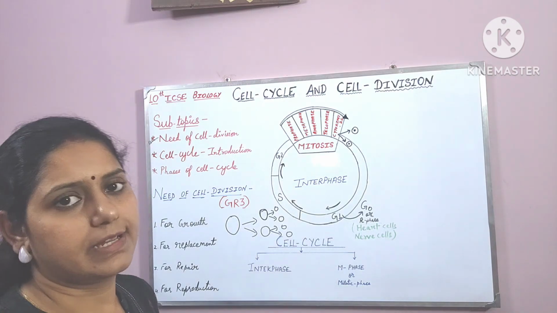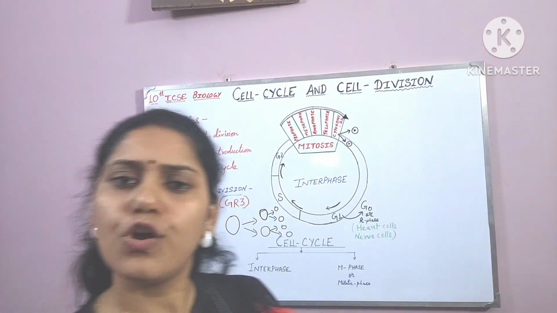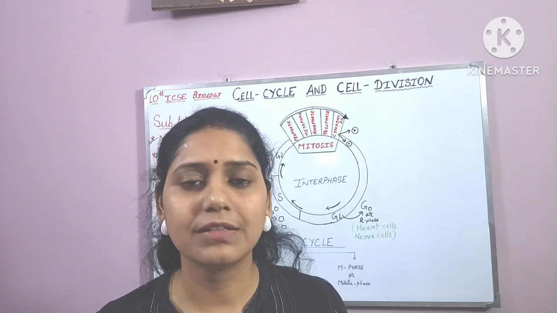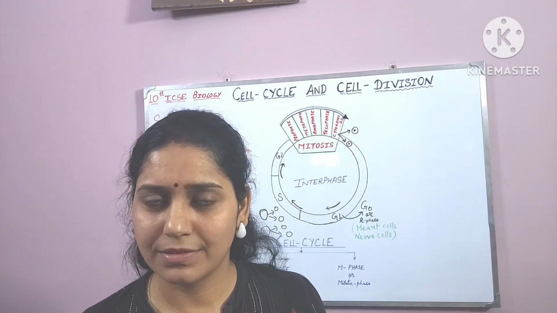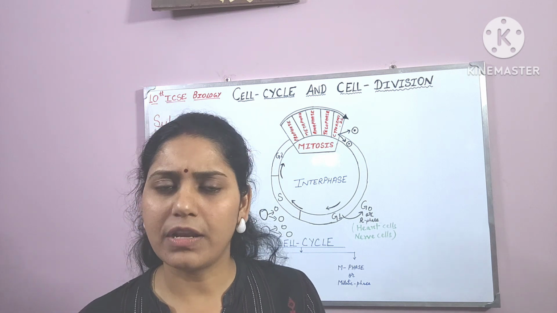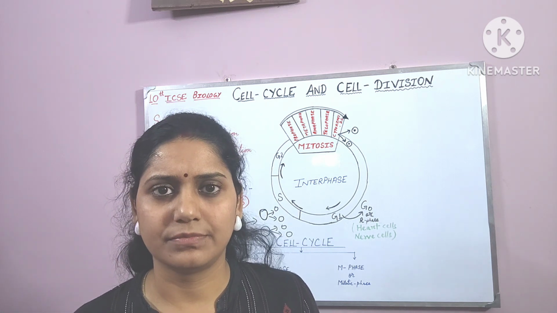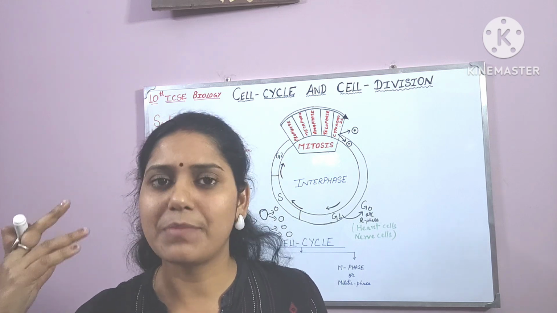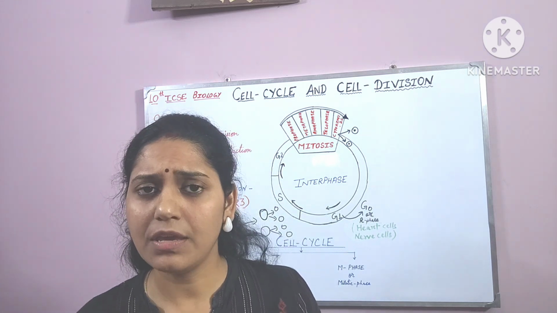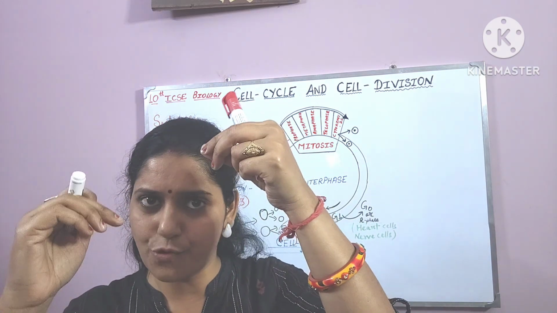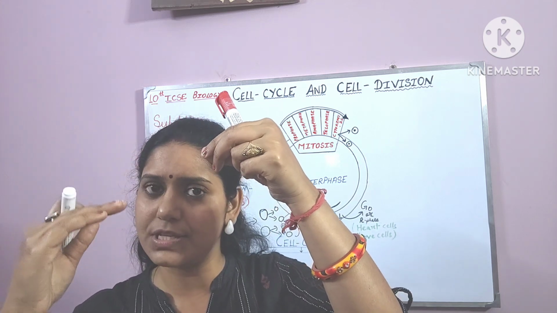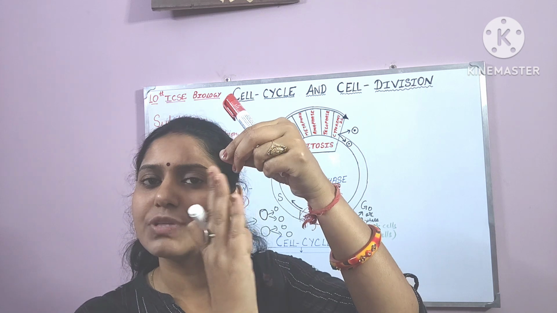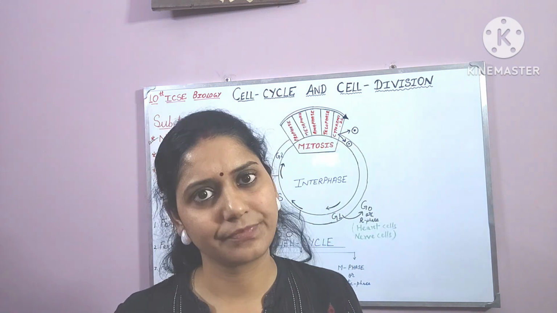Coming to the cell cycle. Before, we have studied many cycles like the carbon cycle, nitrogen cycle, water cycle. Whenever the term cycle comes to our mind, one image will be formed: something originating from one point, various changes and events take place, and again it returns back to the same original point.